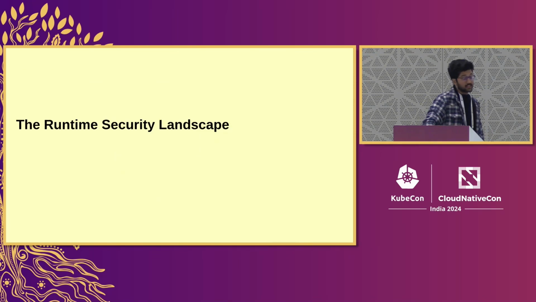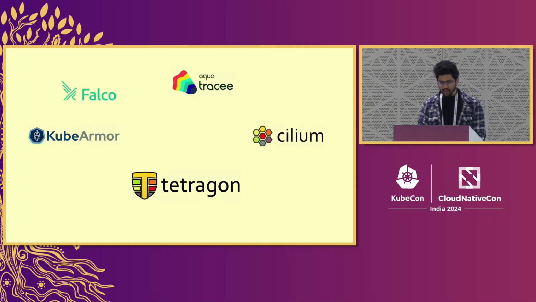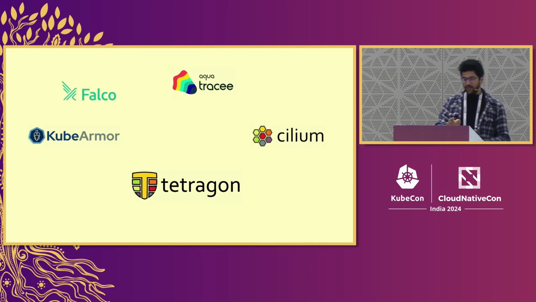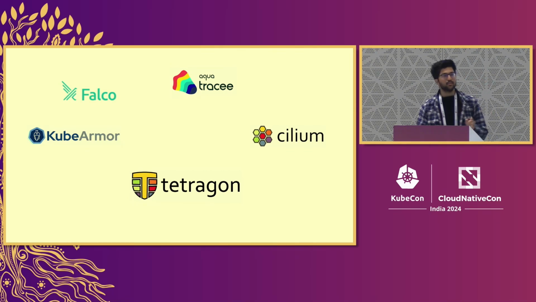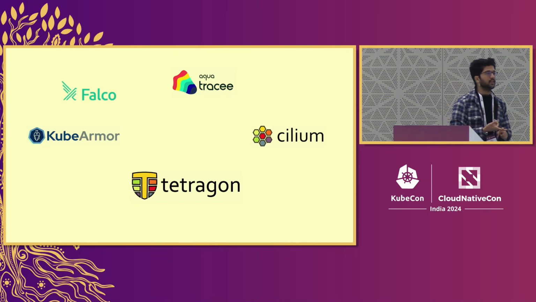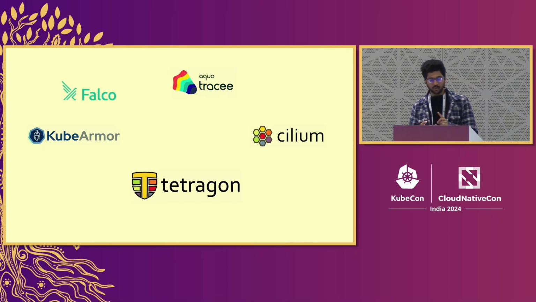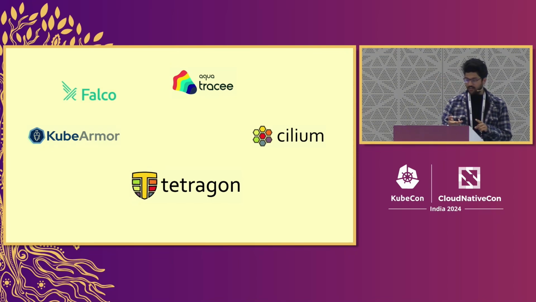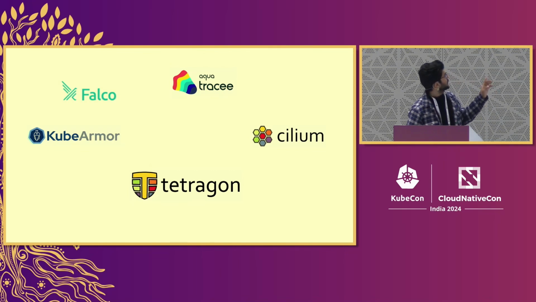Before going to that, let's see what the current runtime security landscape looks like, and what the loopholes inside it are. So all of these you will notice are runtime security engines. Some of them only do observability, and some of them do both observability and enforcement, for example, Tetragon and KubeArmor.